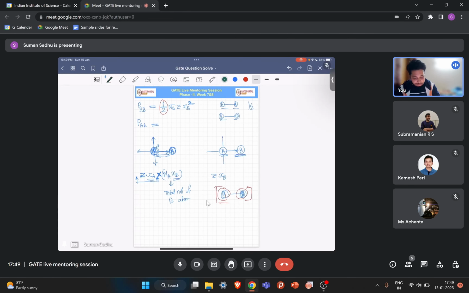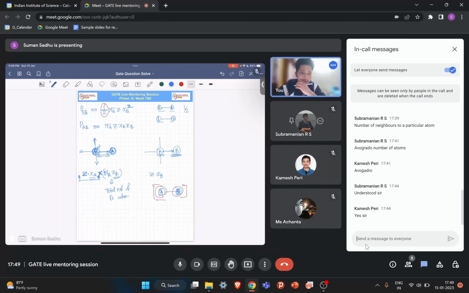So in this case, your PAB will be NaZ into XaXb. So up to this part, everyone understood. So no one has any doubt, right? If you have any doubt, you can ask me at this point only.